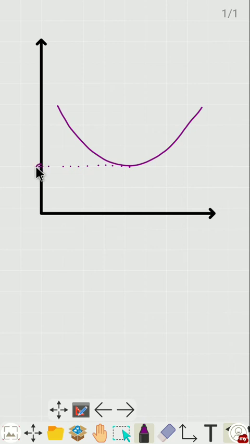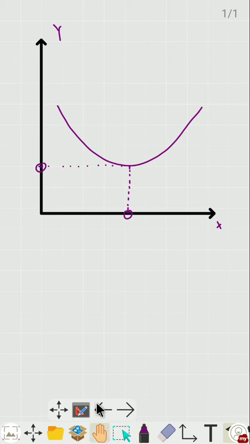That value is called the minimum value of the function, and the point on the x-axis, this is the y-axis, corresponding to this point is called the point of minima.